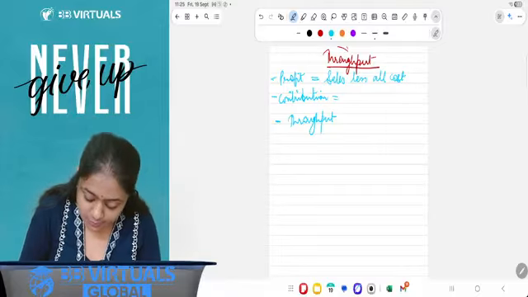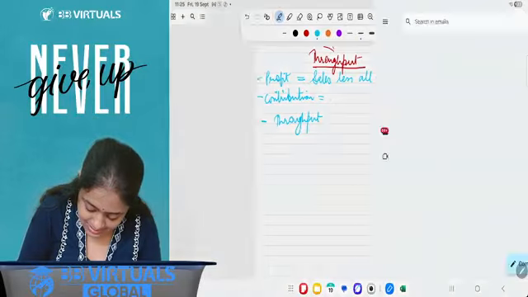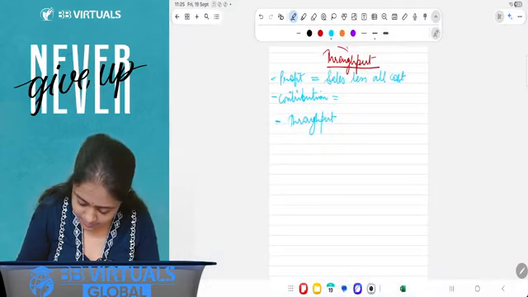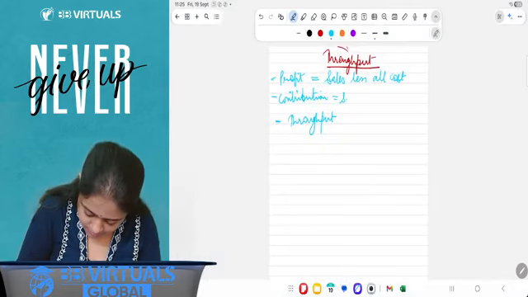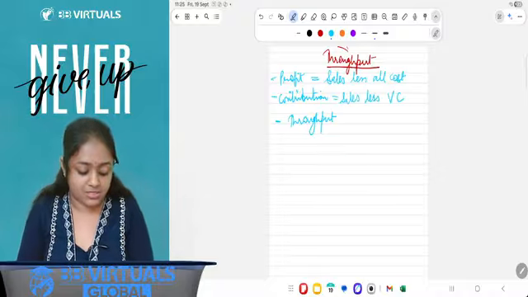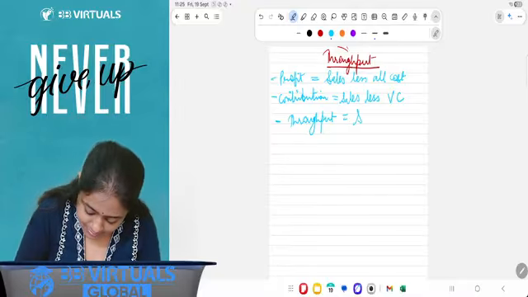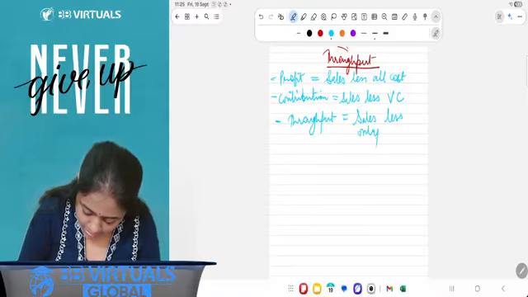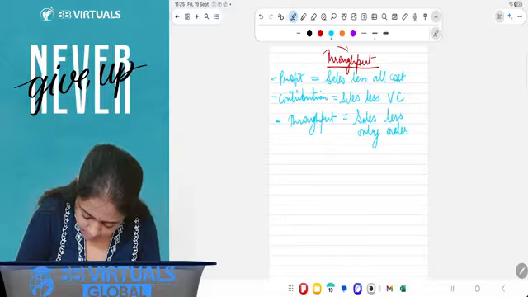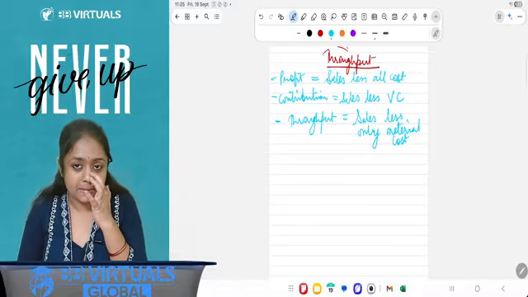Contribution is sales less variable cost. Throughput is sales less only material cost.